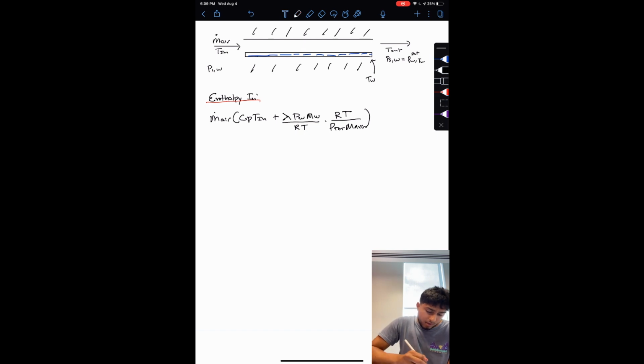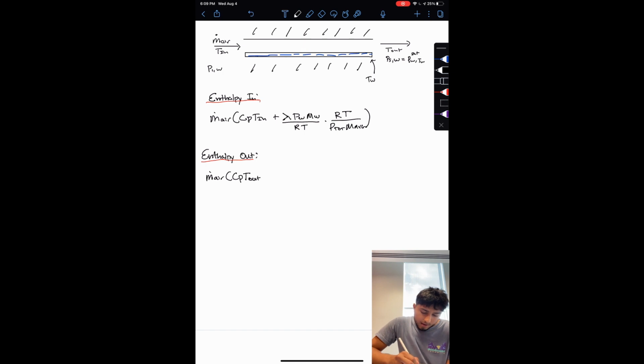Now we need to write an equation for the enthalpy out, and then set them equal to each other because this is going to be an energy balance. So the equations are going to be very similar. We have a mass flow rate of air that is entering the system, the heat capacity multiplied by the temperature out, and we said the reference temperature, T reference, is going to be equal to 0, so T minus in minus out, we can just write T in, and then we can just write T out.